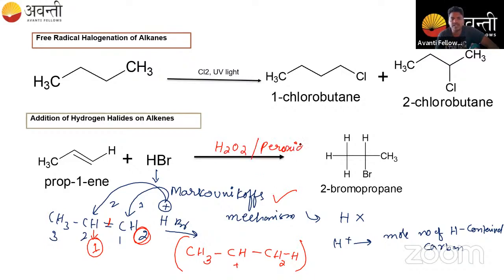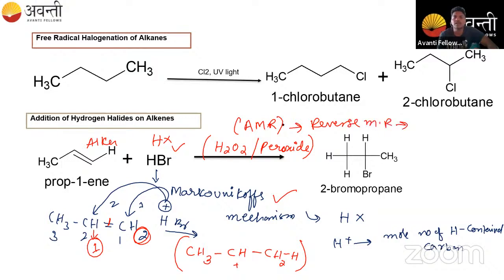In case you have H2O2 or any peroxide, and again HBr or HX is given in the presence of alkenes, then this is called the anti-Markovnikov rule, which is the reverse of Markovnikov's rule.